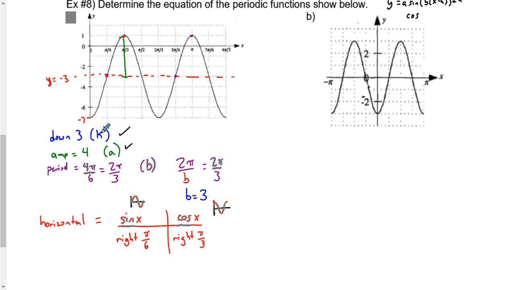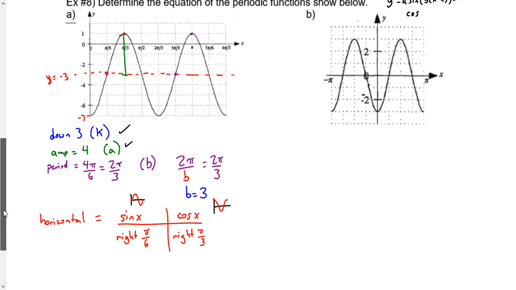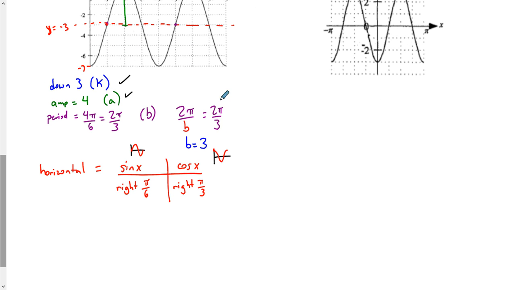We're going to do one for sine and one for cosine with all of this information. For the sine graph, I'm just going to put in what I can. The a value. Well, the a value is exactly what our amplitude is. It's 4.